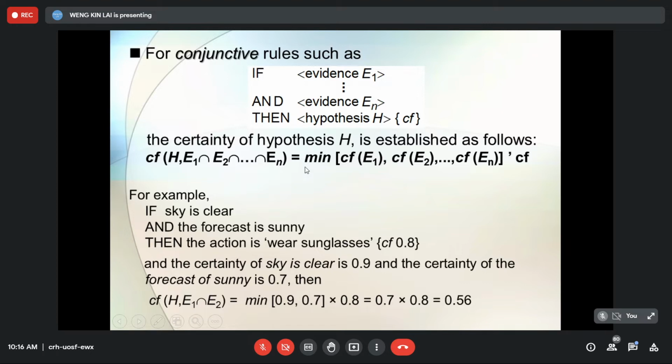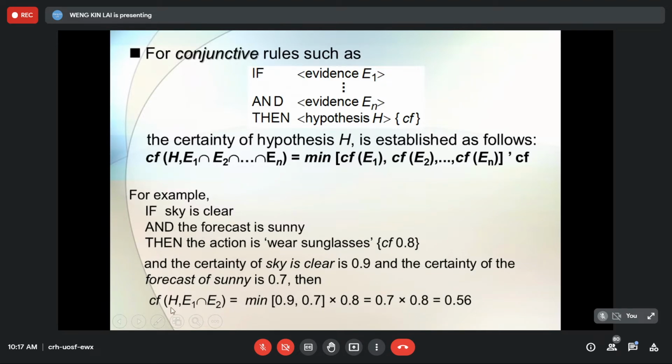You take the minimum of the lot, the minimum of the certainty factors of the evidence E1 until En, and then you multiply with the certainty factor of the hypothesis H. So this is what you get. So for example, if the sky is clear and the forecast is sunny, then the action is you wear sunglasses with a certainty factor of 0.8. Furthermore, you're given the certainty factor of your first condition, the sky is clear, is 0.9, and the certainty factor of your second evidence, which is forecast is sunny, is only 0.7.